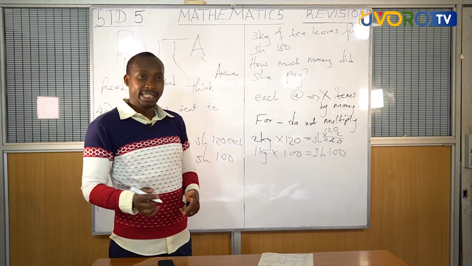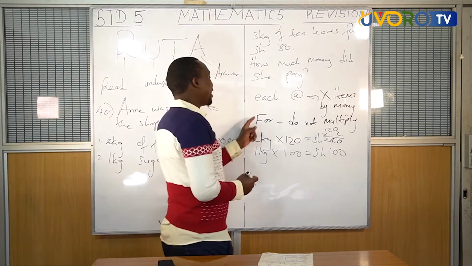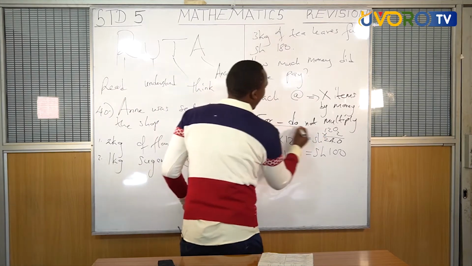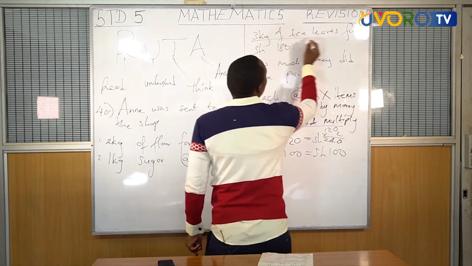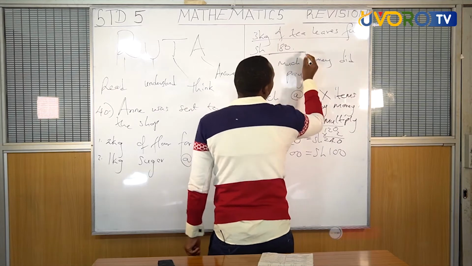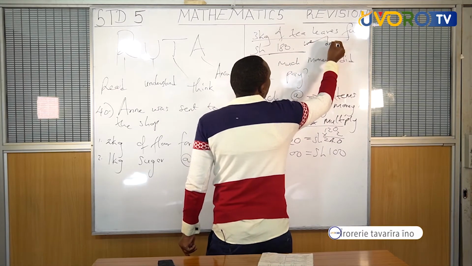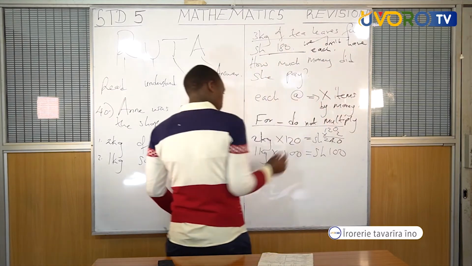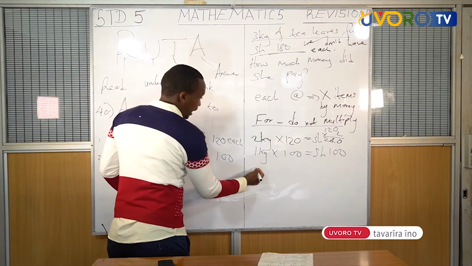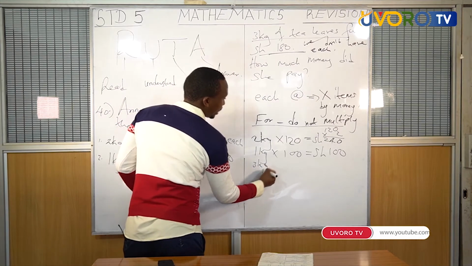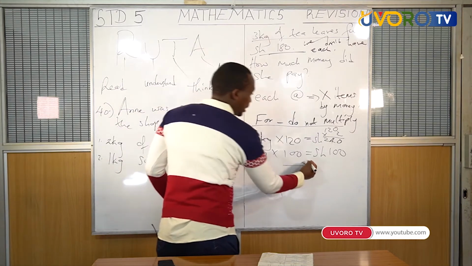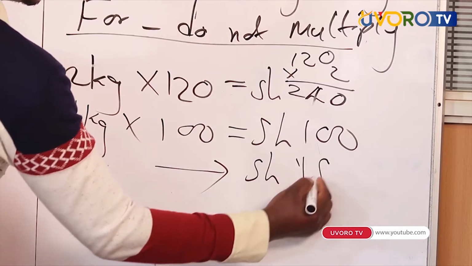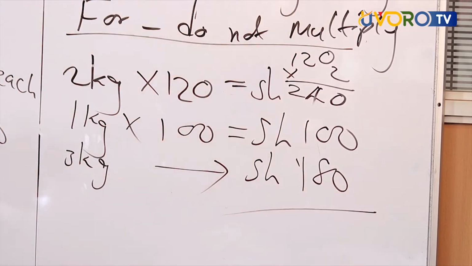We don't have each. So we do not what? Multiply. In this, we cannot multiply because we don't have each. So we just write 3 kg, that is direct say shillings 180.